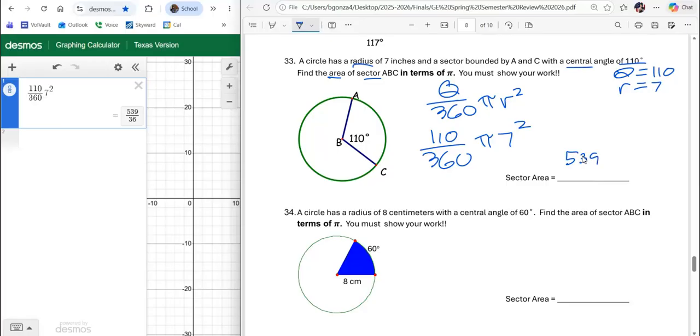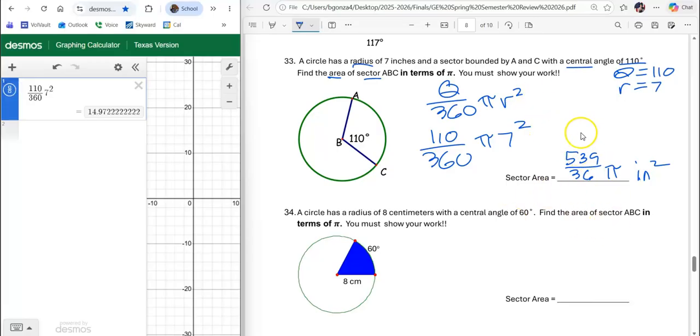So 539 over 36 pi inches squared because it's area.